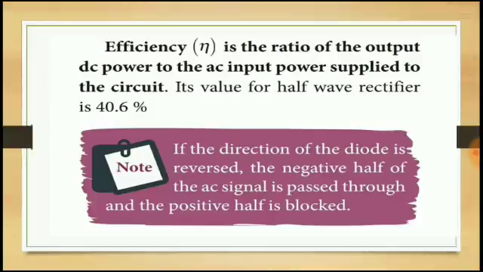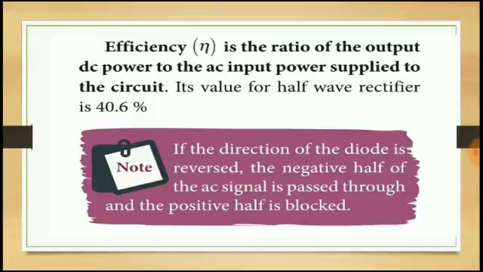At the same time, if the direction of the diode is reversed, the negative half of the AC signal is passed and the positive half is blocked.